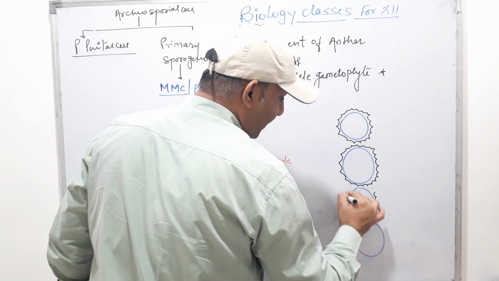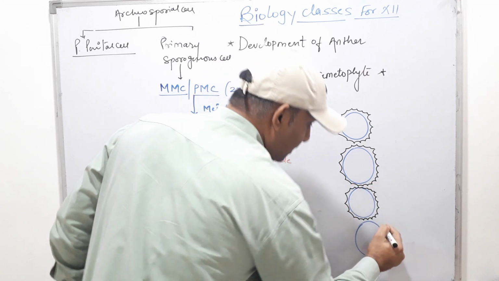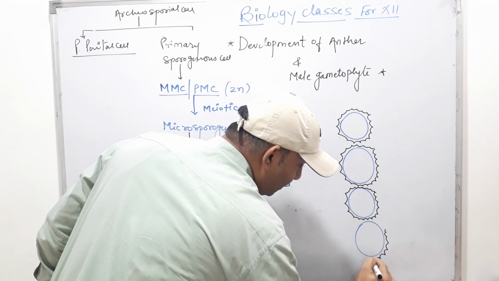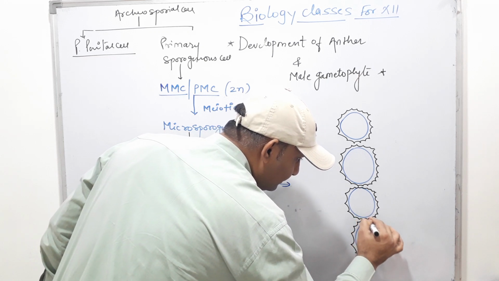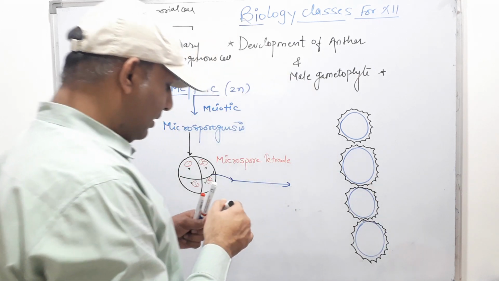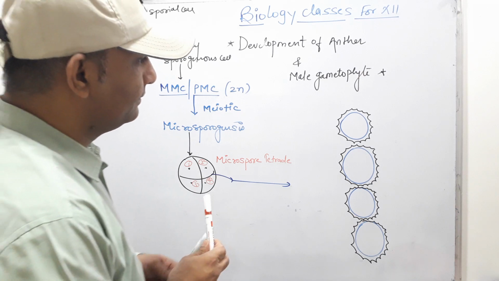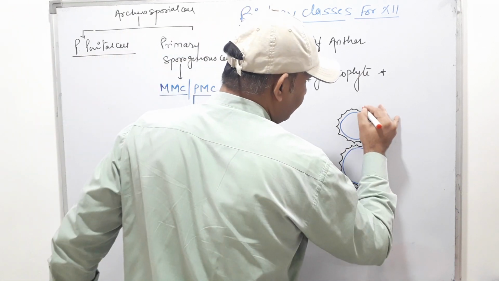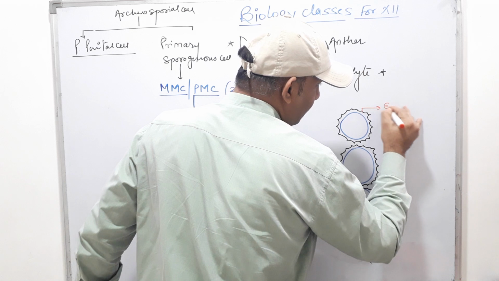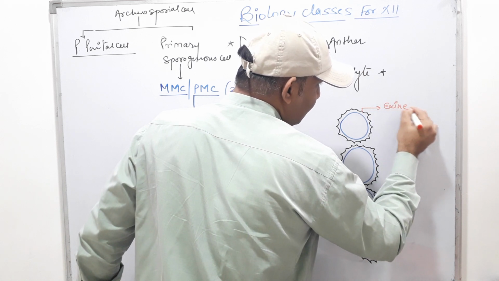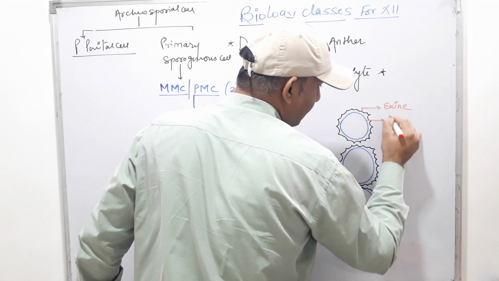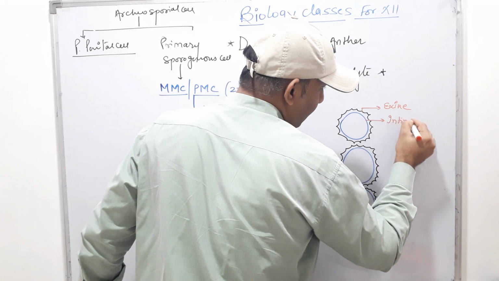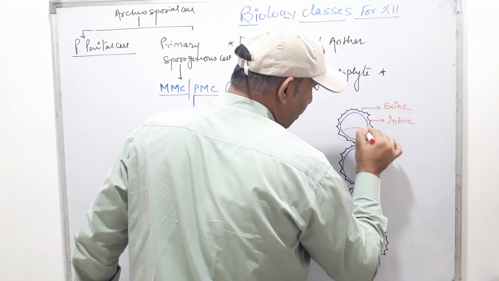So the microspore tetrad further develops into a total of 4 pollen grains, and each pollen grain contains an outer exine, an inner intine, and 2 types of cell.